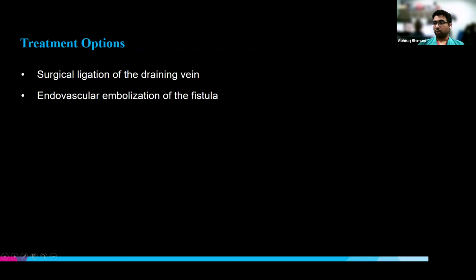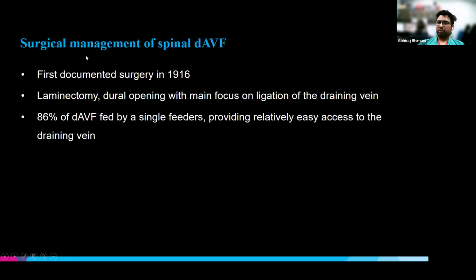And the main goal of the surgery would be the ligation of the draining vein. A little bit about the surgical management of the AV fistula. The first documented surgery was in 1916, so over 100 years ago. Surgery includes a laminectomy, dural opening, and the focus is on the ligation of that draining vein.